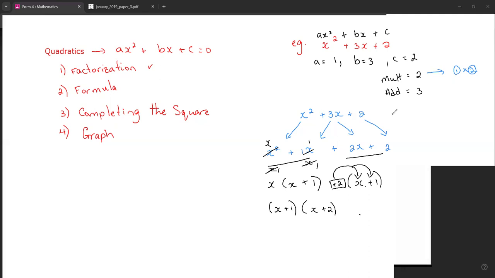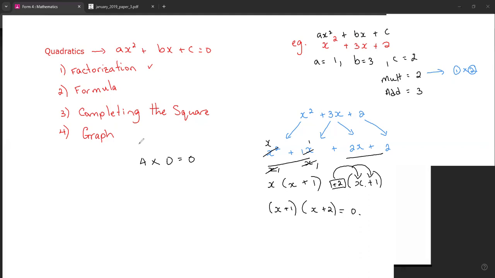In order to solve a quadratic, when you factorize, you're simply going to put it equal to 0. Now, if I have 4 multiplied by 0, anything multiplied by 0, we know is going to be equal to 0.